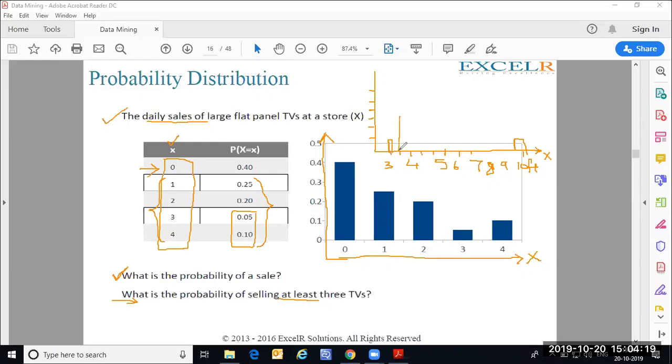So it will be somewhat like this. Between 4.5 to 6.5, we will have the majority of the people. Again, it starts coming down. So when we get into normal distribution, we will discuss more about the behavior of continuous data.